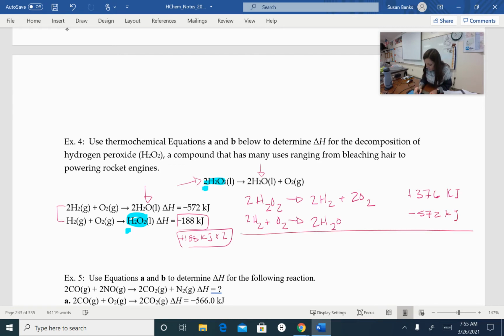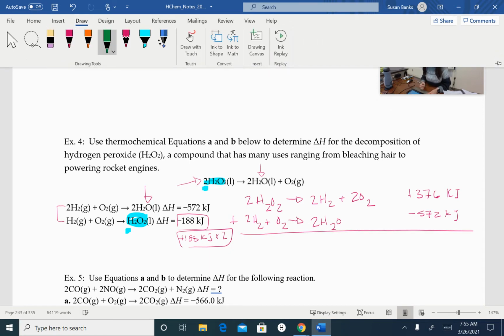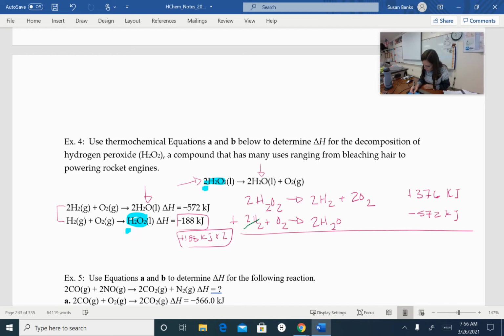I'm going to add these 2 equations together, and cancel out the things that are repeated on both sides. I've got 2 hydrogens on both sides, so those can be canceled out. Here I've got 1 oxygen, and here I've got 2, so I can cancel out 1 of those oxygens.